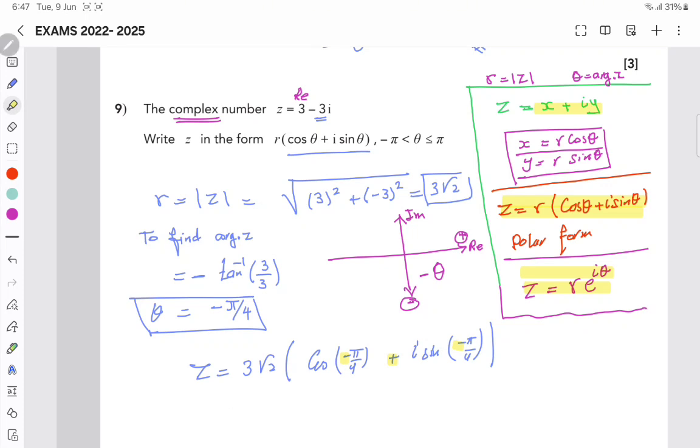So since the angle is negative here, we will change the sign of the middle. It will be 3 root of 2 times cosine pi over 4, we change that angle to be positive, and we just change that sign, minus i times sine pi over 4. And also, if you got polar form with a negative sign in the middle, that refers to the angle being a negative value.